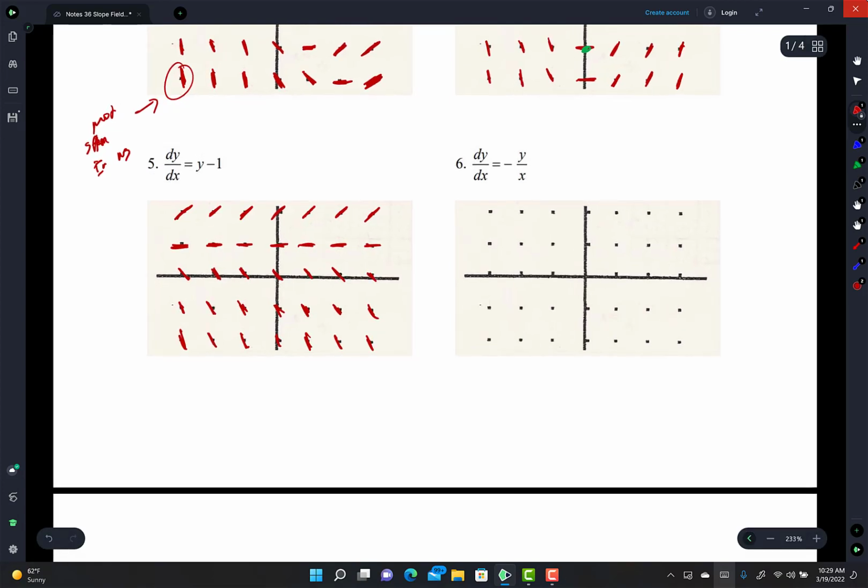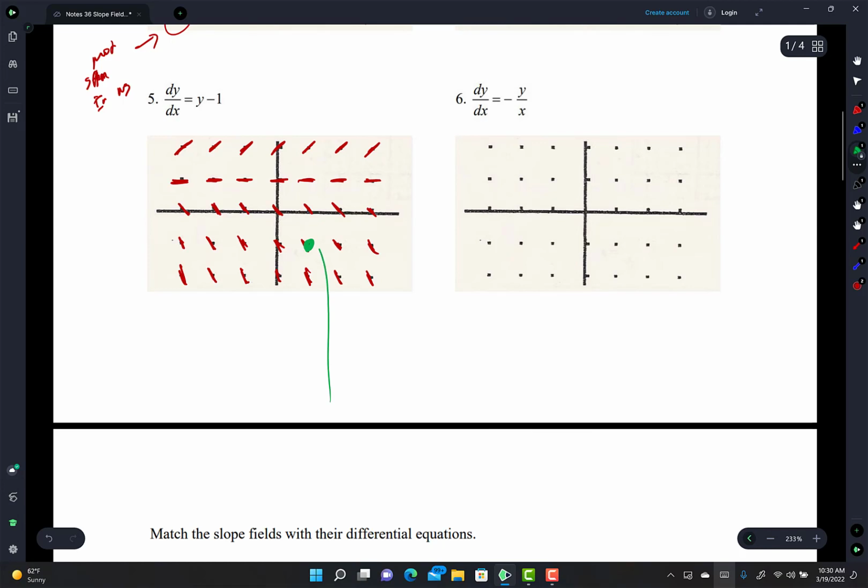All right. So how would that look in terms of actual lines? If I had a point right there, that green one, it will probably look like, well, it looks like I'm getting steeper down here. So it'll probably look like this, and then as I get closer and closer, I probably would not cross that line. It would probably be a horizontal asymptote.